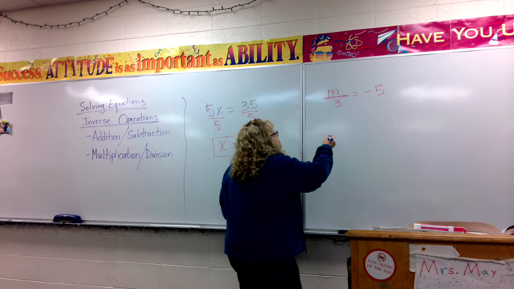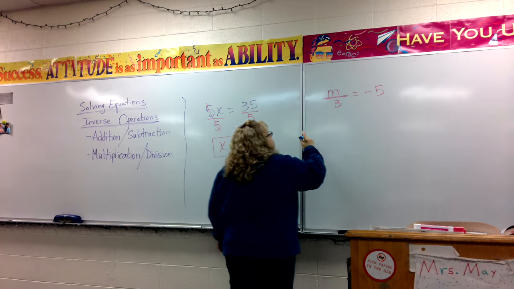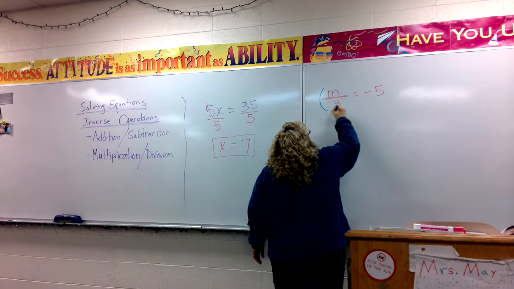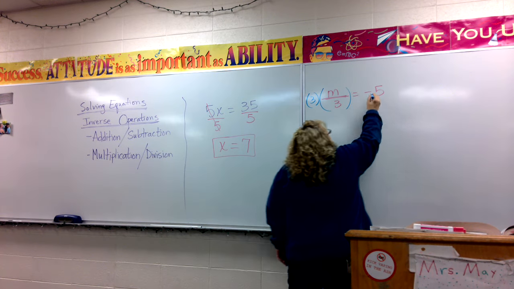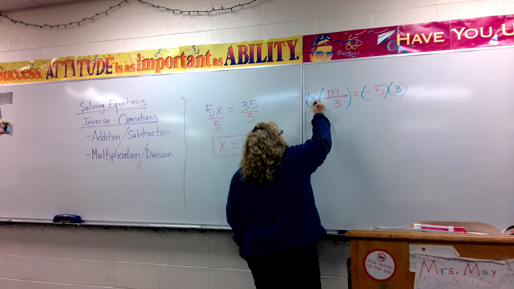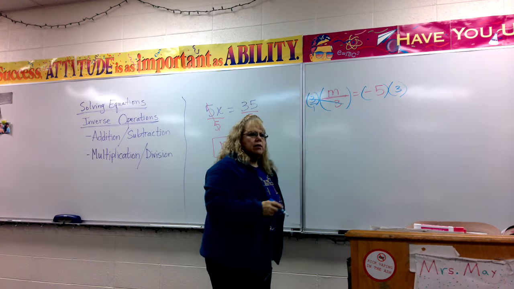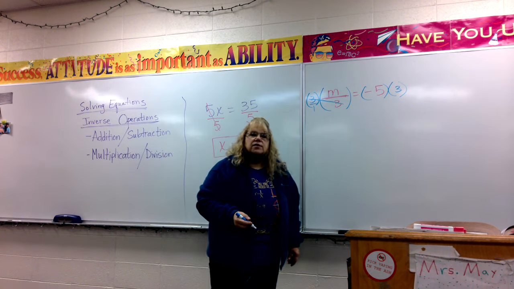It means divide by. So the inverse of divide is multiply. To get rid of divide by 3 then, we're going to have to multiply both sides by 3. And when you do that, these two cancel. Remember, there's like a 1 under there. So multiply by 3, divide by 3 cancels.